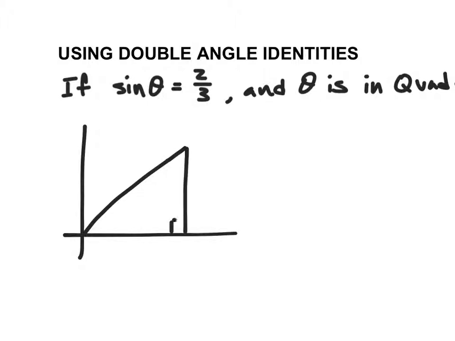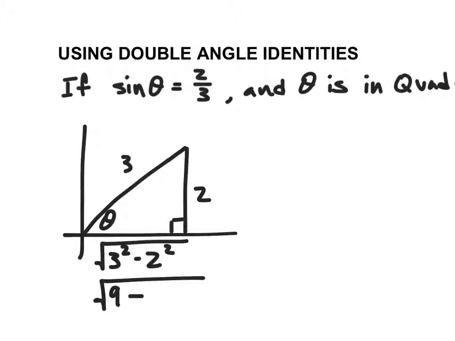So if this is my right triangle, quadrant 1, here's theta. Sine is 2/3, so my opposite side is 2. My hypotenuse is 3. Let's find our adjacent side, because we're going to need to do that. That's going to be the square root of 3 squared minus 2 squared, which gives us the square root of 9 minus 4, which ends up giving us the square root of 5. Okay, so this is the square root of 5.